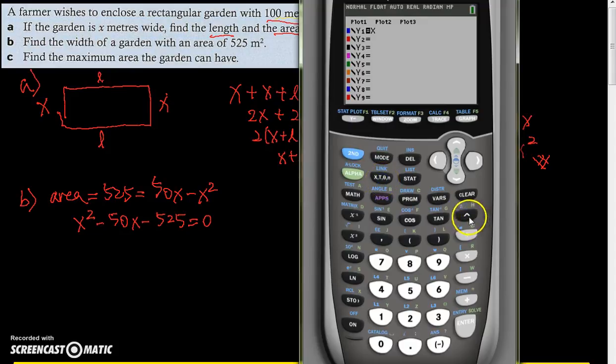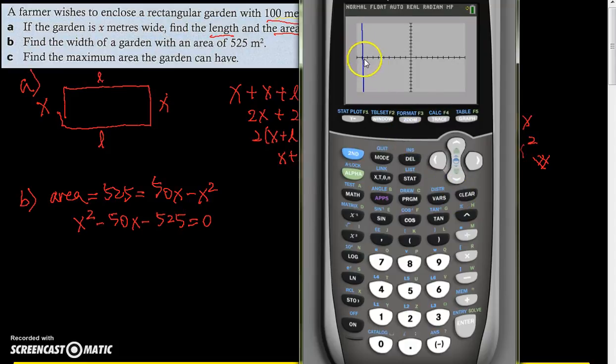So this is x squared minus 50x minus 525. And that's it. This is the graph that we're going to draw, and we're going to find the x value that makes this 0. So I'm going to go to my graph, and I'll be looking for my zeros.